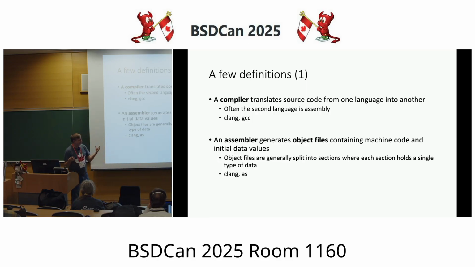The object file contains machine code and the initial value of data variables like globals. Object files, even across different formats, though we're going to mostly focus on ELF today, are generally split into sections, where different sections contain different types of data. A section usually contains the same type of data, so .text tends to only contain machine code, and .data contains variables.